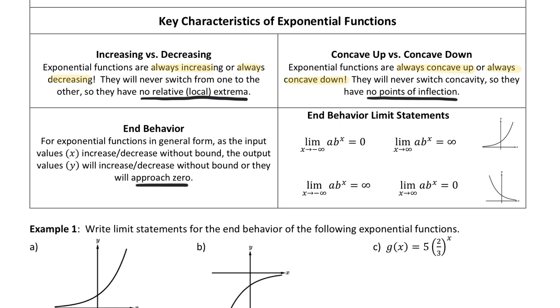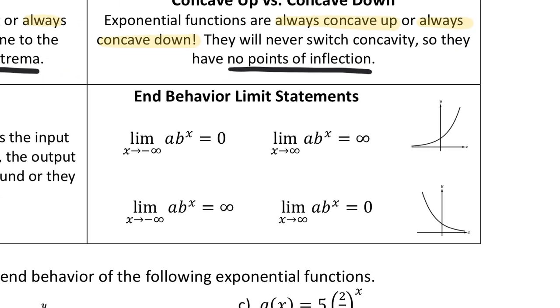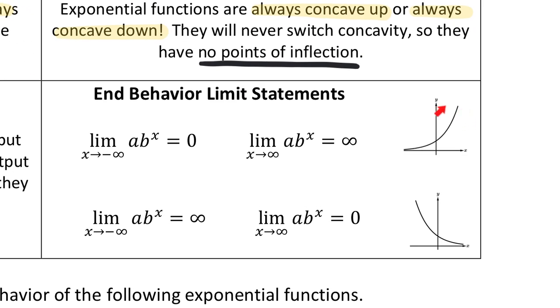Because we have horizontal asymptotes for these graphs, we know that we're going to get close to but never touch that x-axis, the line y equal to 0. So if we look a little more detailed at these limit statements here, for this growth graph, as x decreases without bound, what is the graph getting closer and closer to?